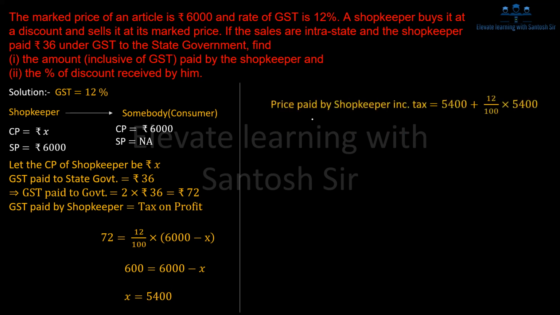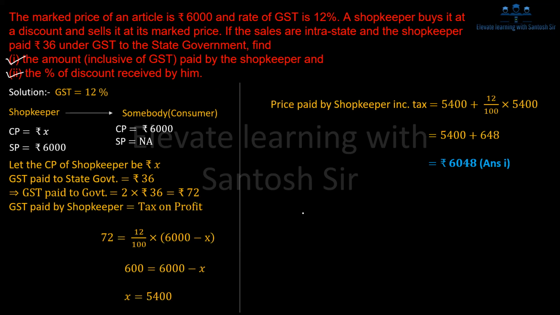Now let us find the price paid by shopkeeper including tax. So how much will he pay? He will pay 5,400 plus 12% of 5,400, which is nothing but rupees 6,048. So first part is done. Let us come to the second part, the percentage of discount received by him.